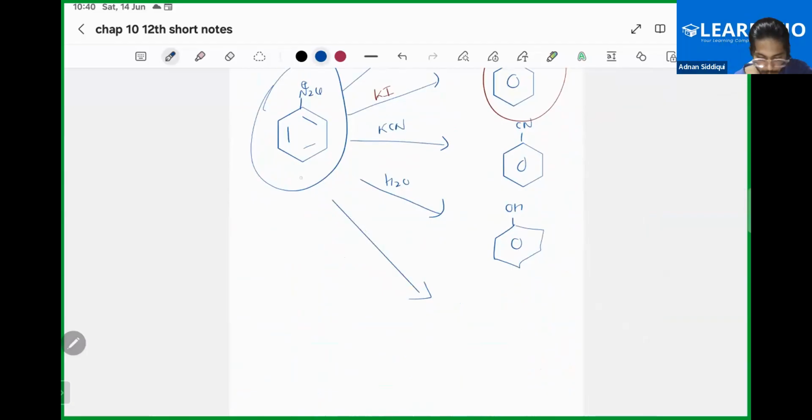This benzene diazonium salt, which we prepared in the Sandmeyer reaction, is a very, very important intermediate.